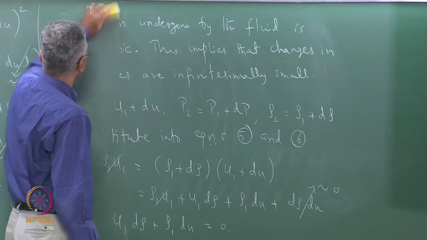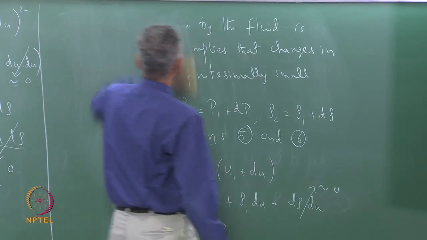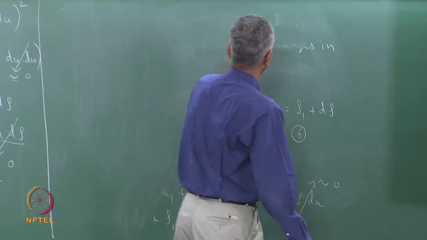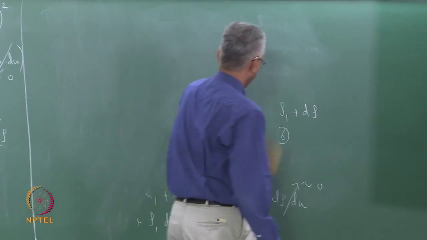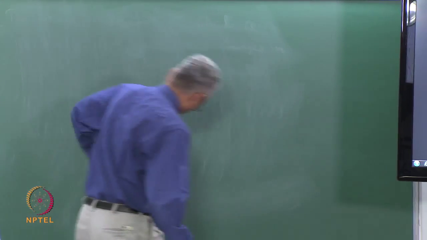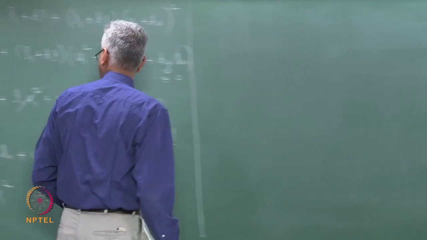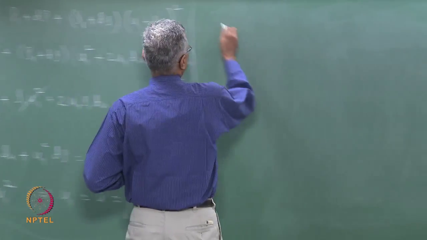So if I set ds equal to 0, we wrote down three possible forms of the equation for ds. Let us see what happens if I write ds equal to 0.